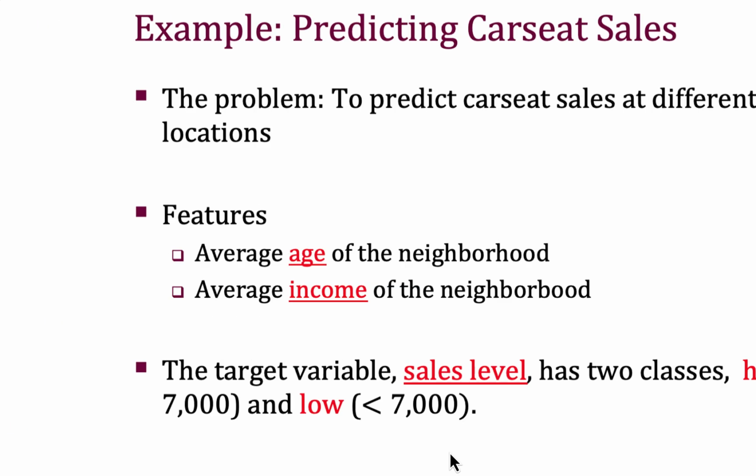And let's look at one example, which we will also implement in our Jupyter notebooks. This time we're predicting sales levels of a particular product, and we'll be focusing on sales levels of car seats for children.